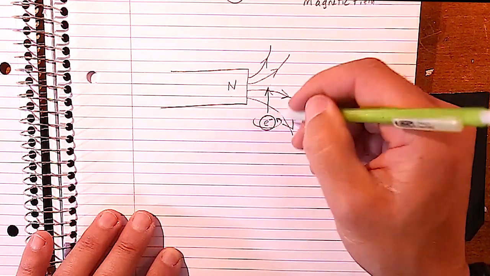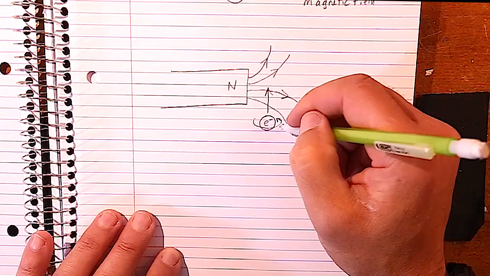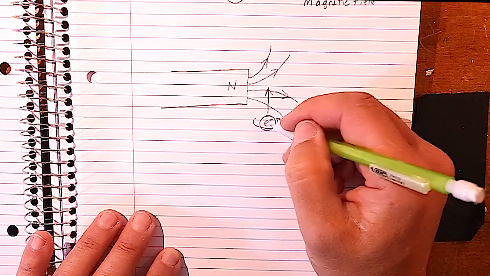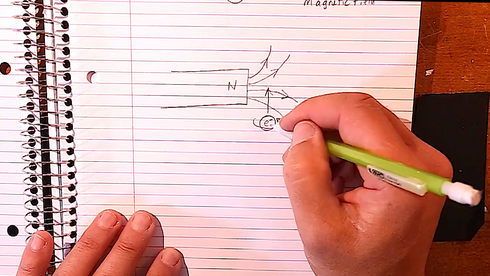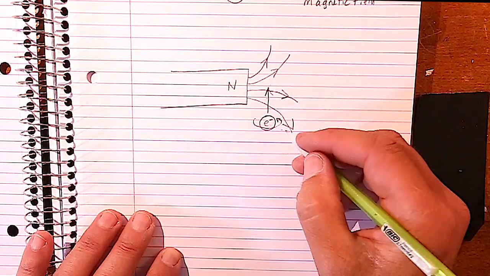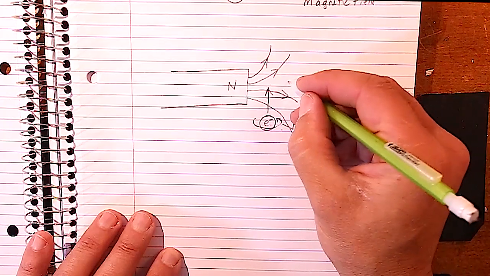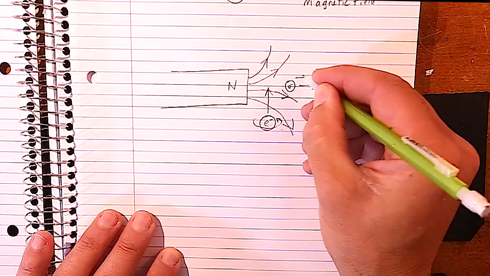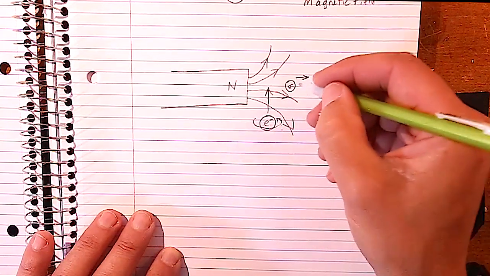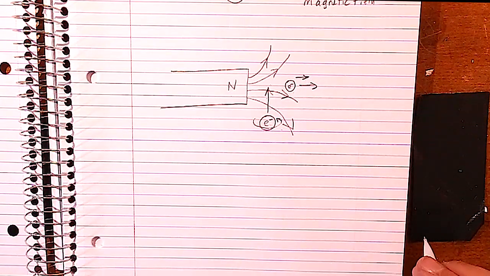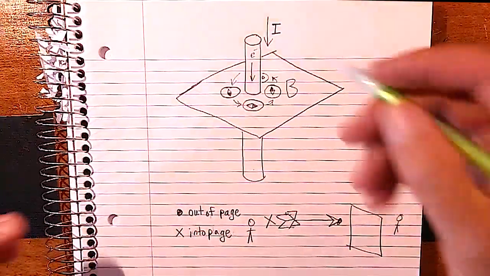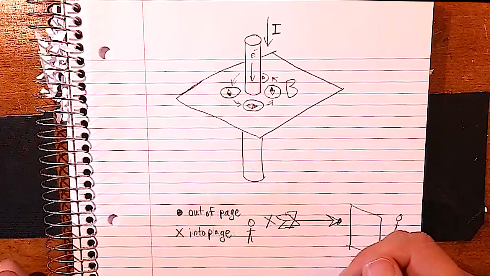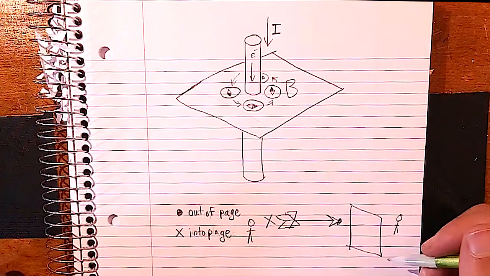And when it moves through here, these two magnetic fields will interact and it will produce a force and it will push on the electron, and the electron will actually go in a curved path. Now, we'll learn about this in a little bit. If the electron is moving parallel to the field, then there won't be that force, even though it still has a magnetic field. So we know that electrons have charge, and we know that moving electrons have a magnetic field.